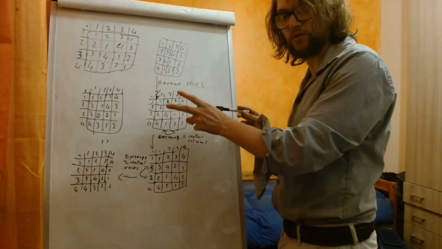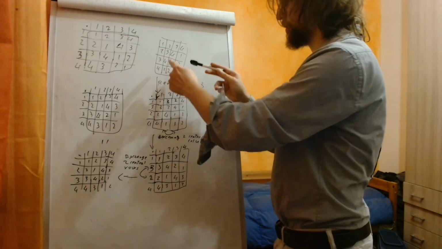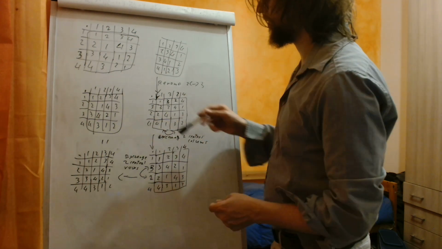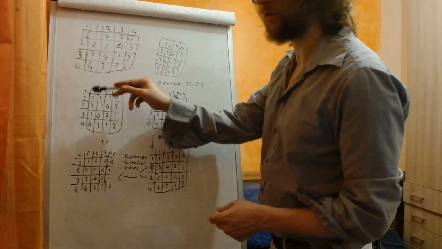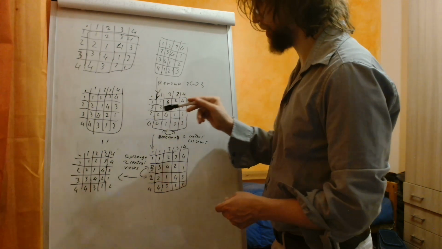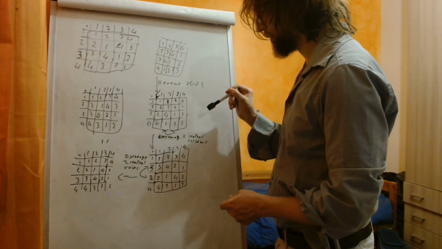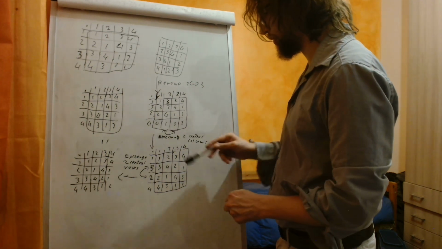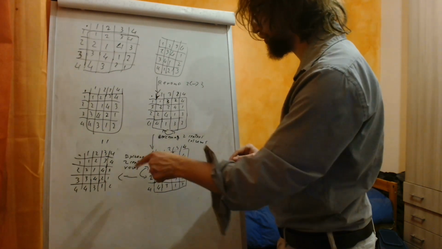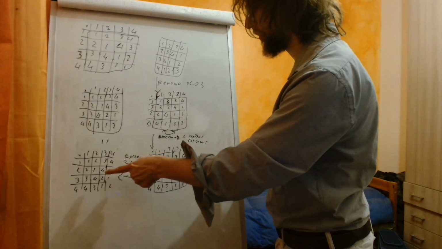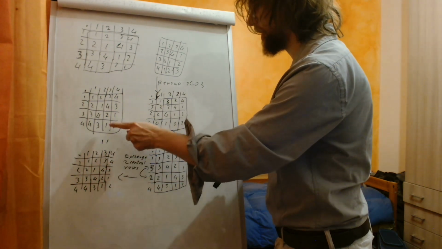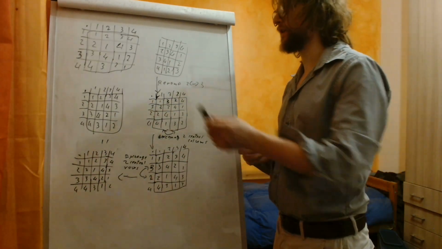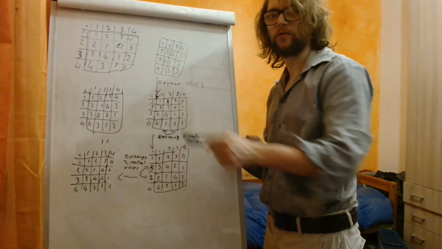And now we want to exchange the 2 central columns and the 2 central rows, so that we can check the similarity with this table. So first we exchange the 2 central columns and we get this. Then we exchange the 2 central rows and we get this. And this is identical to this. So these two are the same group. So we have only 2 groups of order 4.